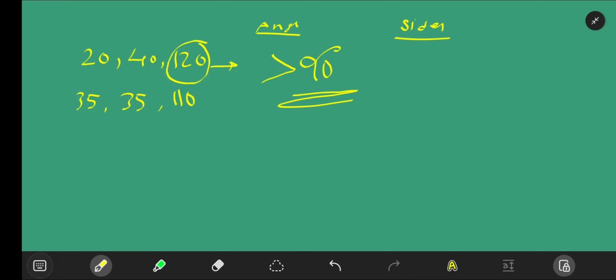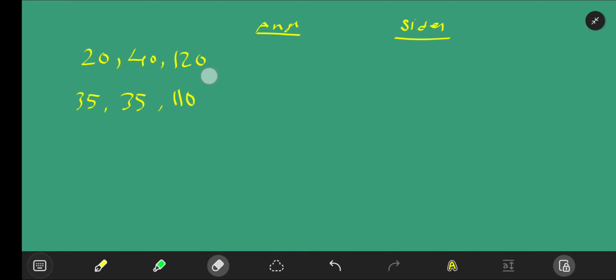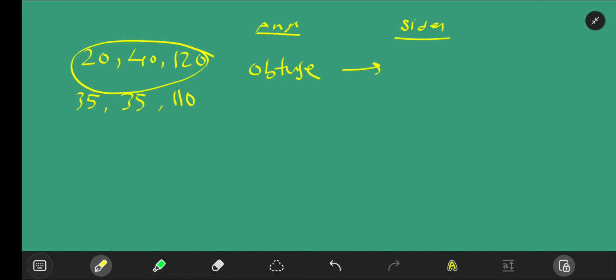When one angle is greater than 90 degrees, then that type of triangle we call an obtuse angle triangle. Yes or no? In the previous slide only I said obtuse angle triangle, and based on sides, three angles are different, so it is scalene.